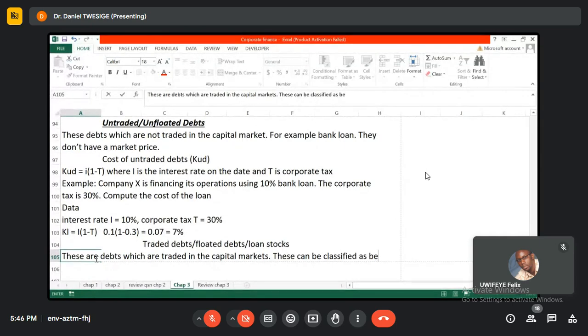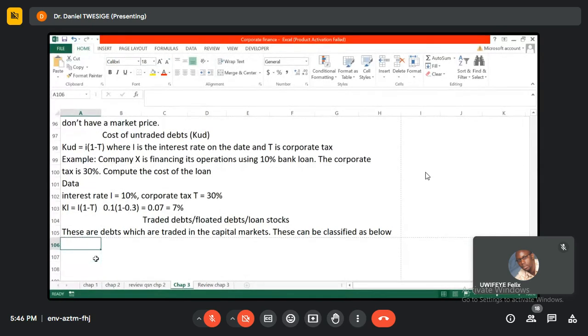Of course, we shall look at other classifications when we talk about the sources of finance, but for the time being, we're only going to deal with the 3 categories of these debts. Of course, you also have a zero coupon, which is almost the same. So number 1, we have irredeemable debt or irredeemable loan stock.